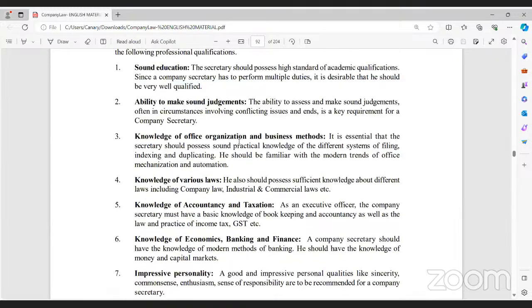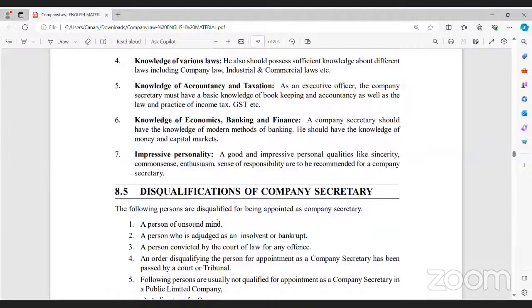Apart from that, professional qualifications, he should have education, and he should have the ability to make sound judgments. And knowledge of office organization and business methods, various laws like company laws, industrial laws, commercial laws, labor laws. All this knowledge you must possess.